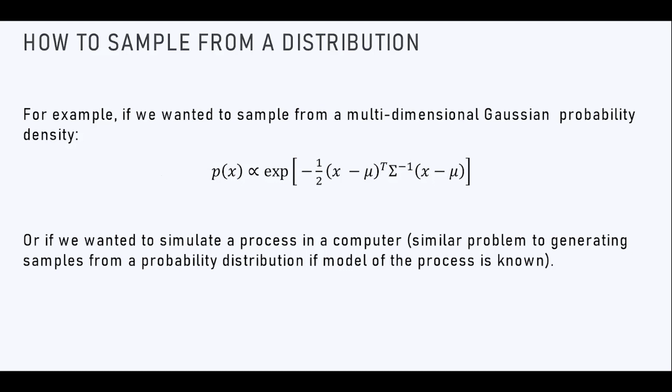Now, the goal here is that if I say, give me 1,000 samples, they should have the probability distribution that follows the Gaussian probability density. How can you implement such a thing in a computer simulation is the question.